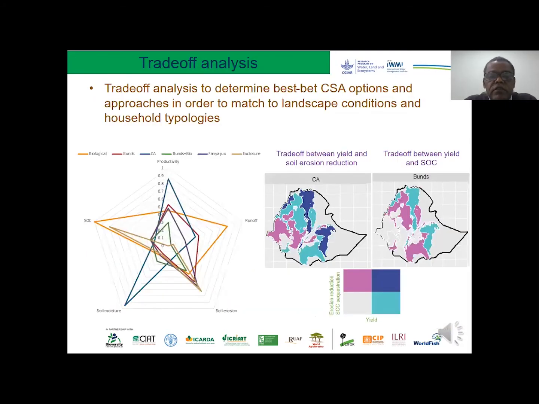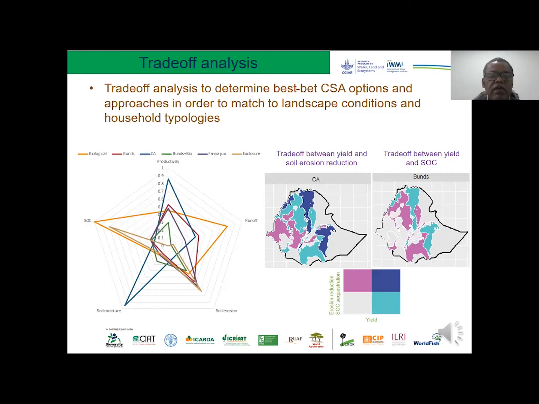The next very important parameter that should be considered is trade-off analysis. In land restoration, we implement different practices across space, and the likelihood of trade-offs is higher, even though we try to implement complementary options. So we conducted trade-off analysis at national and landscape levels. On the left, you can see, for example, how conservation agriculture contributes significantly to productivity and is lower in terms of runoff and so on.